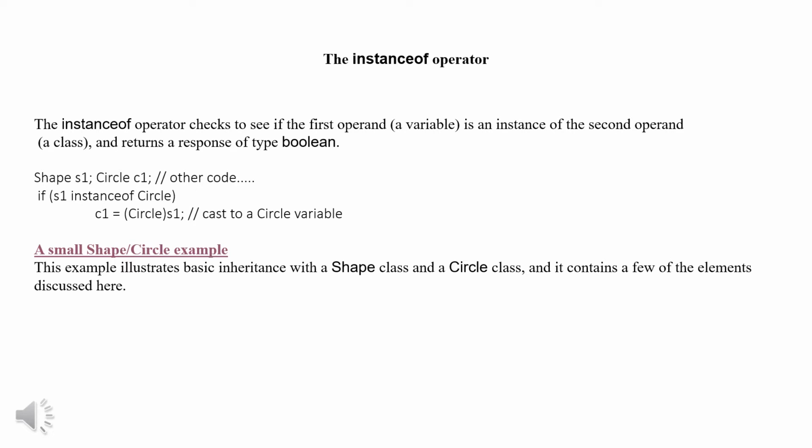So we want to check whether S1 is an instance of circle, right? So we will write if S1 instanceof circle, then a statement. For example, in this case, C1 be circle S1, right?